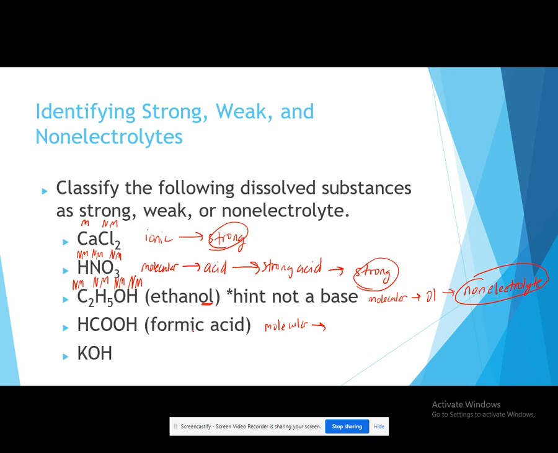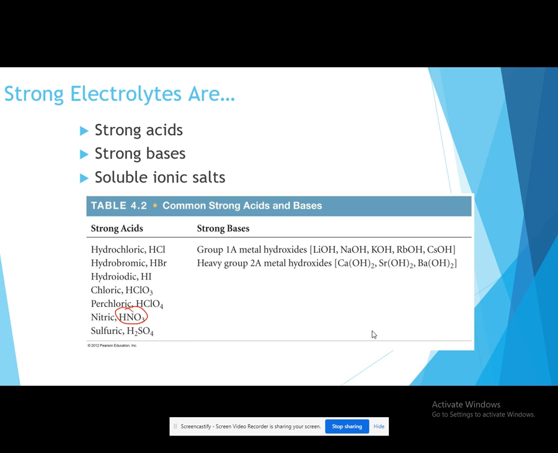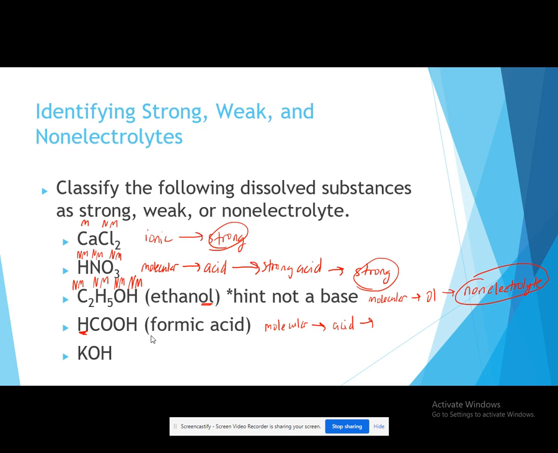Well, here I give you the hint that it's formic acid. Also, another hint is it starts with H. So yes, it is an acid. And then we have to ask ourselves, is it a weak or strong acid? So if we go back up to our acid chart, you don't see it under the strong acids, so it's considered weak. So therefore, it is a weak electrolyte.